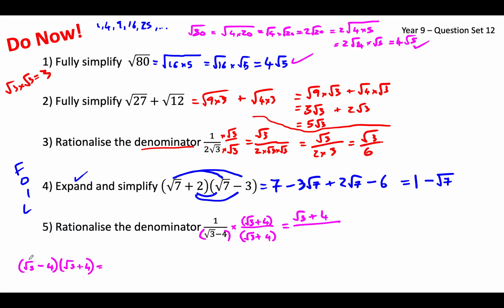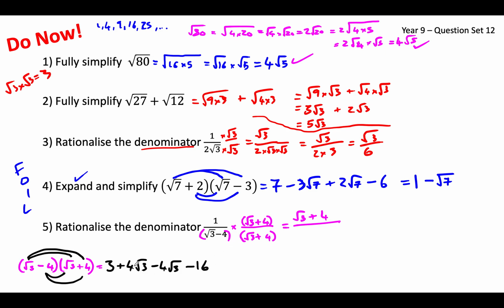Right, FOIL it first. Root 3 times root 3 is just 3. Outers, root 3 times 4 is 4 root 3. Inners, minus 4 times root 3 is minus 4 root 3. See what's going on? We've got these two things that are going to cancel out, plus 4 and minus 4. And then last, minus 4 times plus 4 is minus 16.